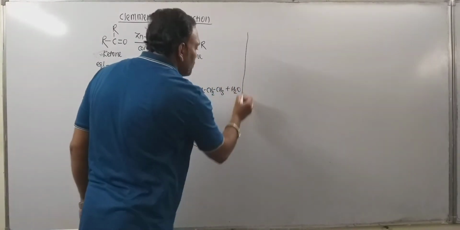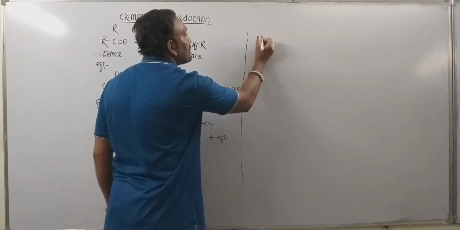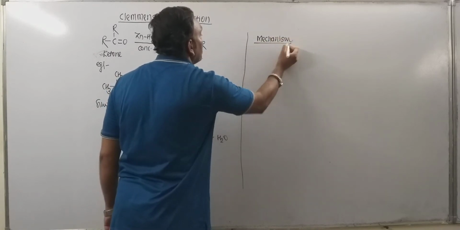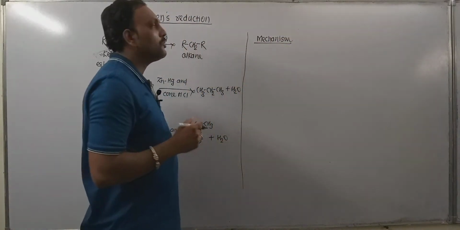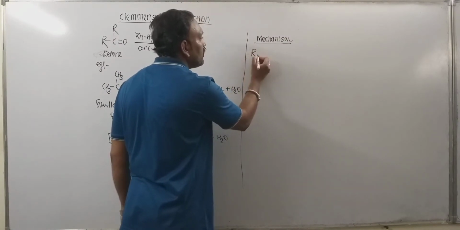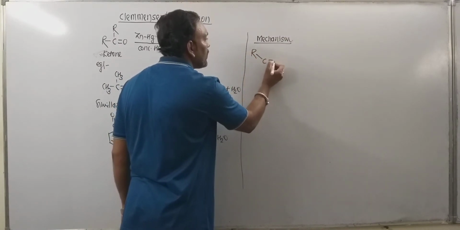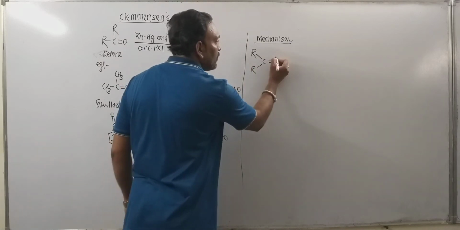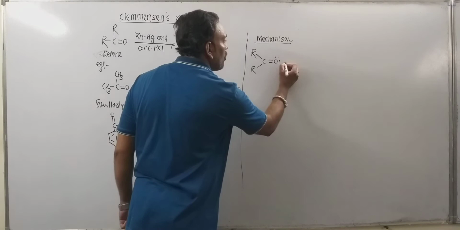Now as far as the mechanism of this reaction is concerned, it is very simple and very interesting as well. So what happens exactly? Ketones can be represented like this. We know very well oxygen bears two lone pairs of electrons.